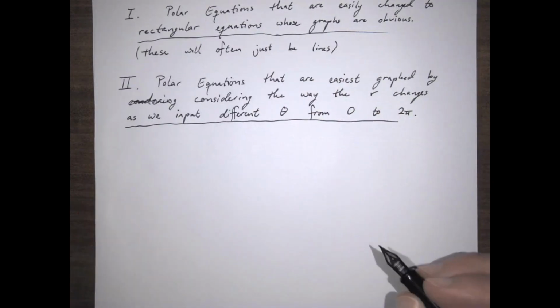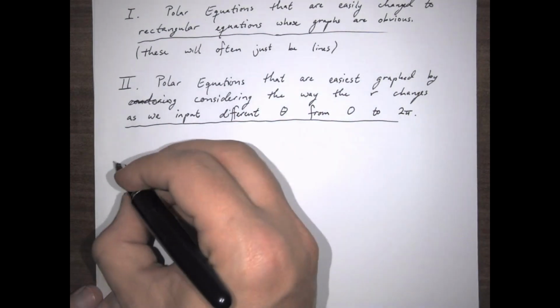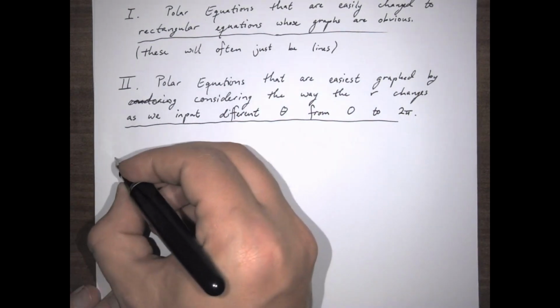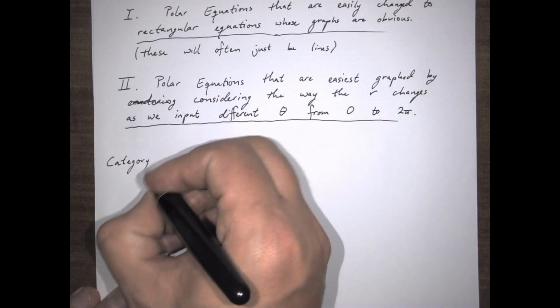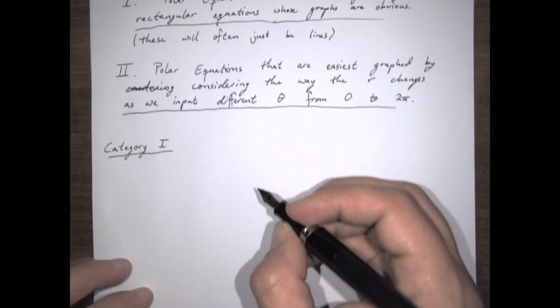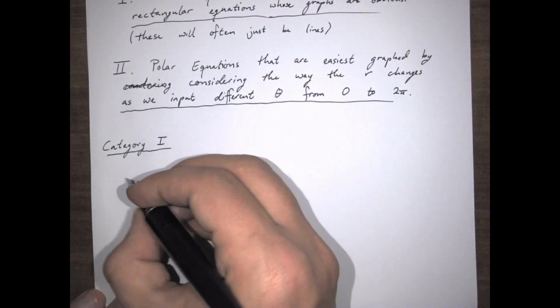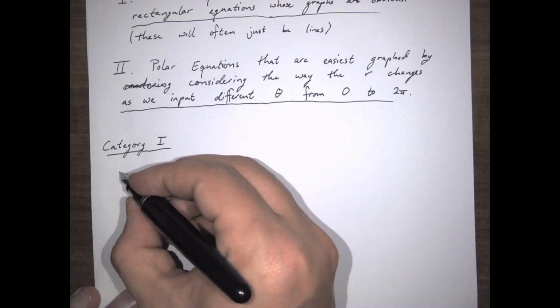And this will be all the rest that we'll usually consider in this section. So, category 1. So let's just first talk about, let's say, just horizontal lines.